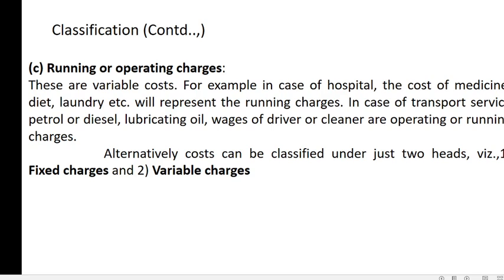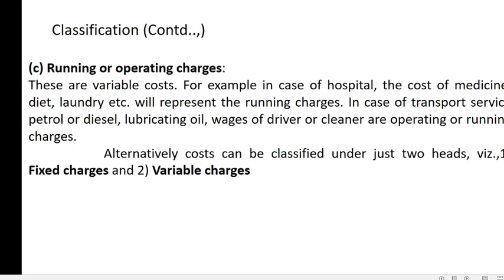Alternatively, the cost can be broadly classified under two categories, that is fixed charges and variable charges. It has to be noted that there is no hard and fast rule of classification of costs.